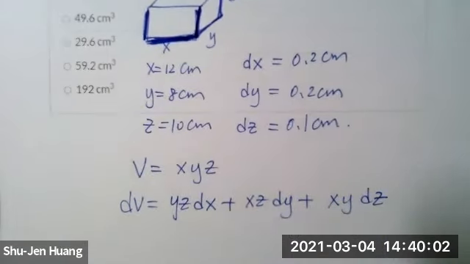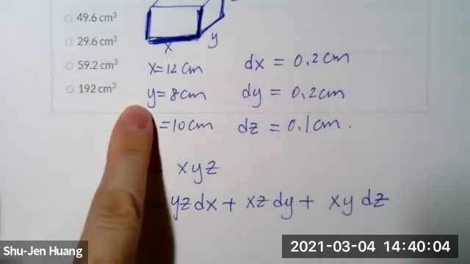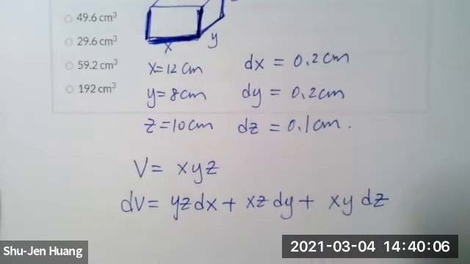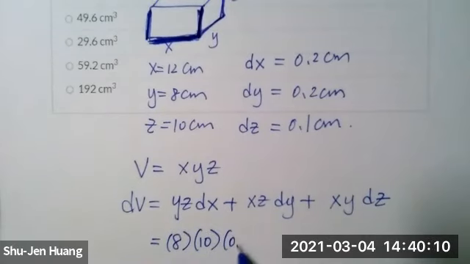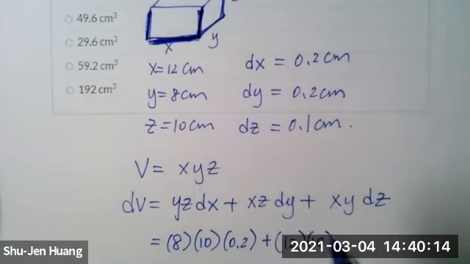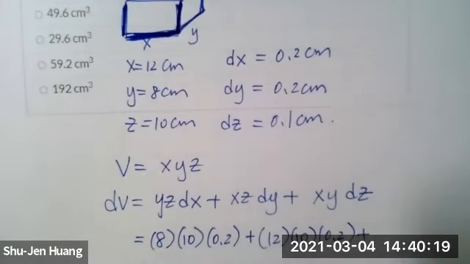So once we have this, we can plug in all the values written down here. Okay, so y is 8, z is 10, dx is 0.2, and x is 12, z is 10, dy is 0.2. The last term, x is 12, y is 8, and dz is 0.1.